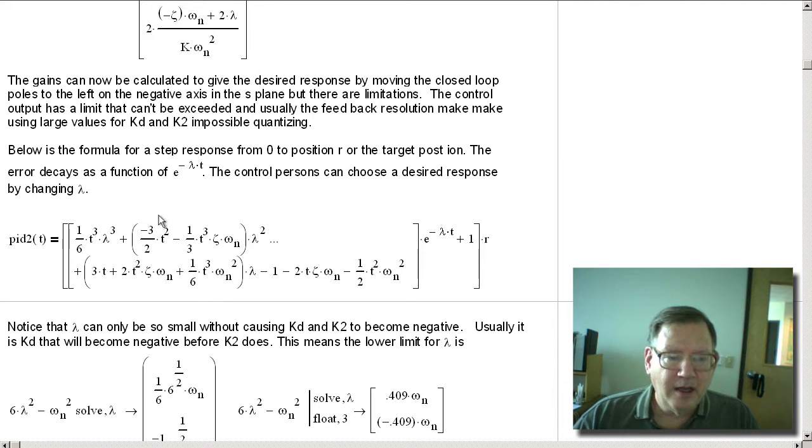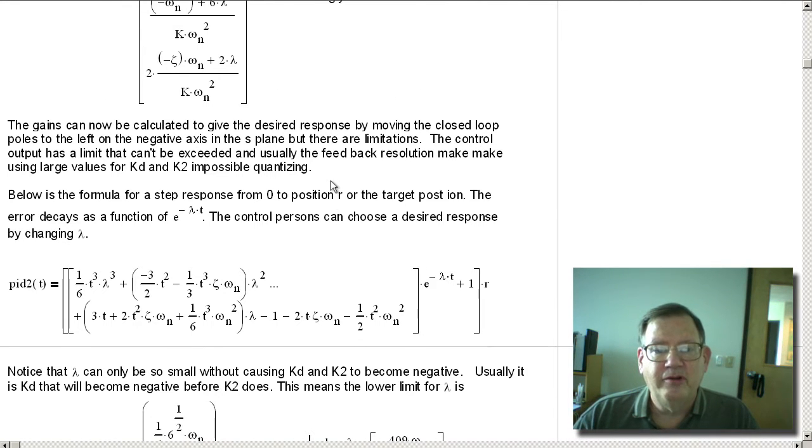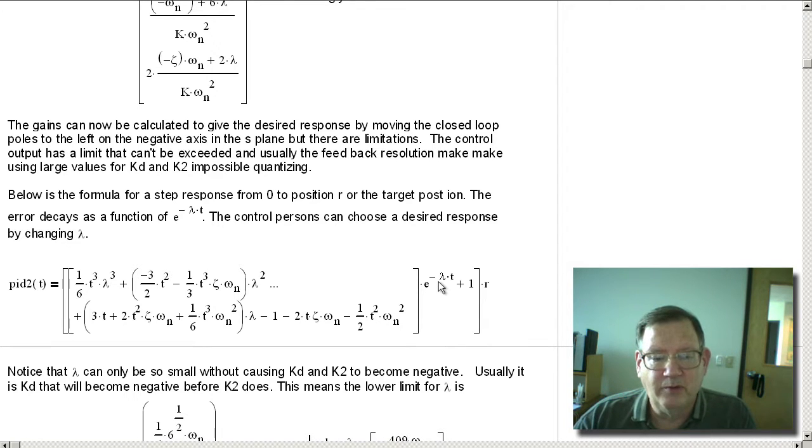This part here is the transient part, and you can see that it's going to decay as a function of lambda. This is significant. When we use the 4 gains, including the second derivative gain, we can make this lambda as big as we want, which, because it's going to be a negative term, is going to move the pole negatively, so any kind of errors or transients are going to decay very, very quickly.